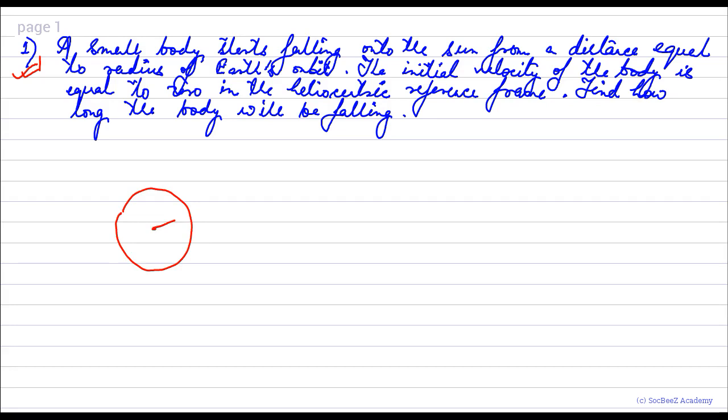It has its own radius, Rs, and a body starts falling onto the sun from a distance equal to the radius of the Earth's orbit. So this is, let's say, r, where r is the radius of the Earth's orbit. I need to find the time duration for which the body will be falling.